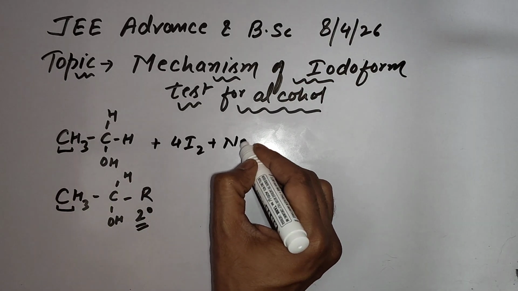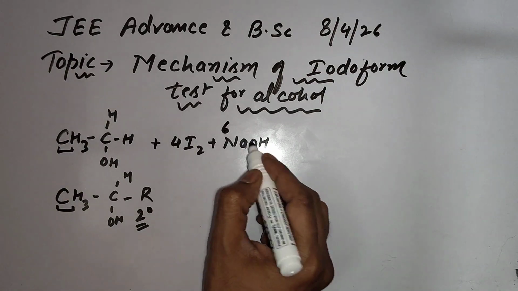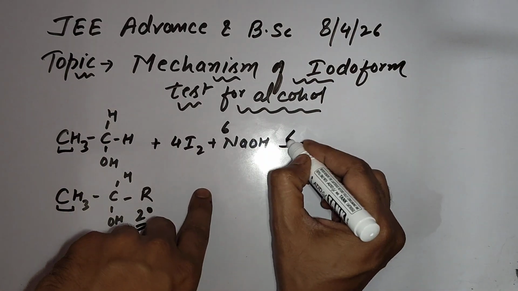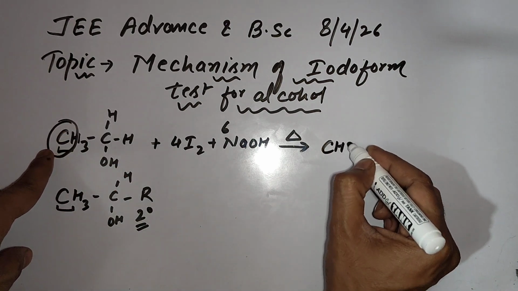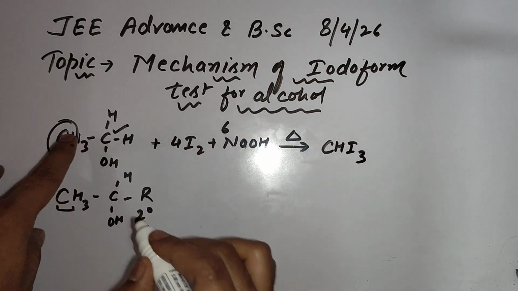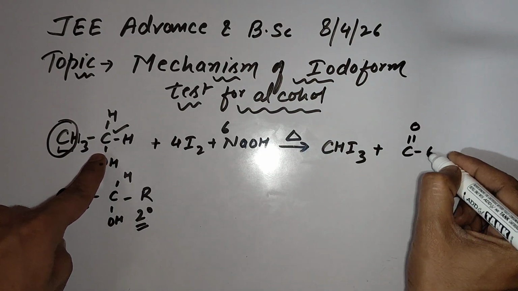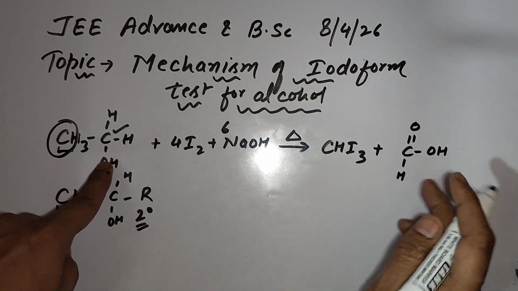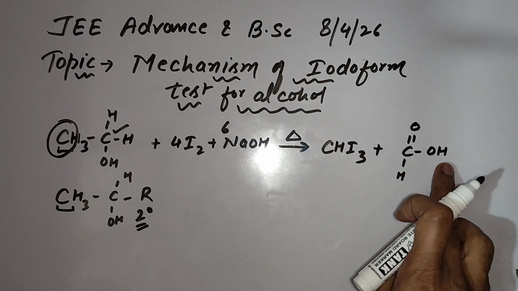The balanced equation was this. Iodine and sodium hydroxide mixture we require. On heating, this CH3 carbon will turn to CHI3. This carbon will oxidize up to the carboxylic stage, so we will make a carboxylic acid of it. But this is acid and this is a basic condition, so an acid-base reaction will happen.